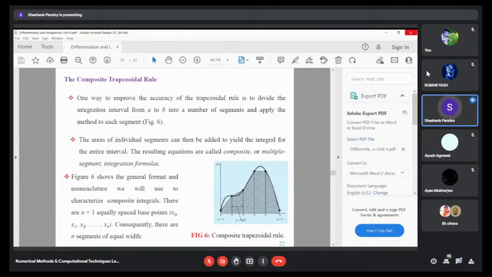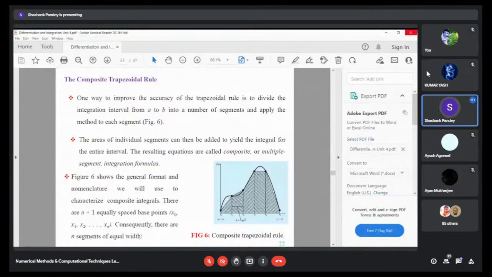The area of each individual section can then be added to yield the integral for the entire interval. The resultant equations are called composite or multiple segment integration formulas. Figure 6 shows the general format and nomenclature we will use to characterize the composite integral.